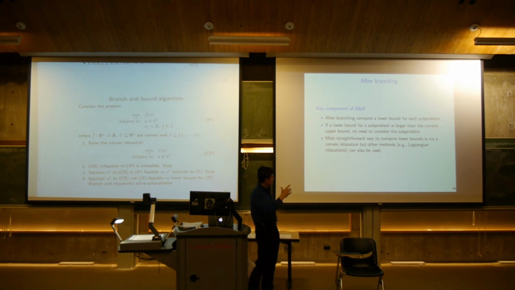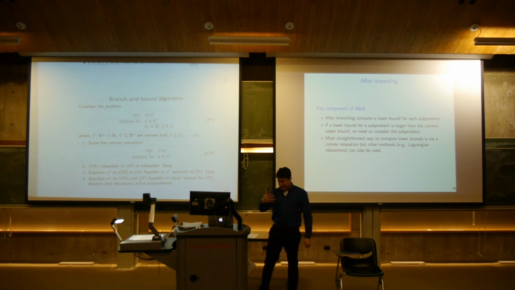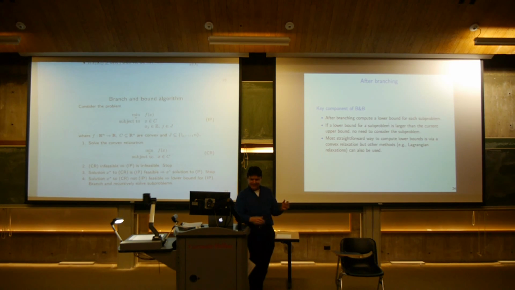First, we compute a lower bound, which typically is easier to compute than solving the entire problem. If the lower bound is larger than the best solution that we have found so far, meaning if the lower bound is larger than the current best upper bound, then there is no need to explore that subproblem anymore. So that's branch and bound.